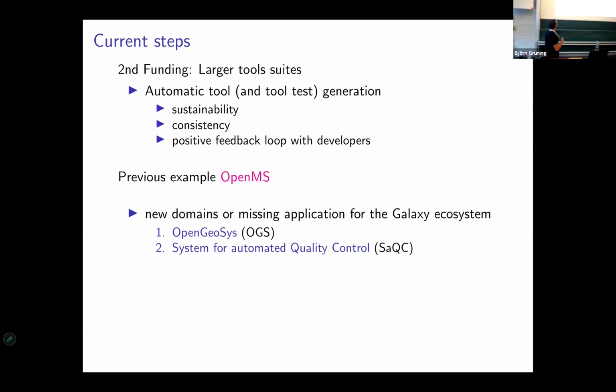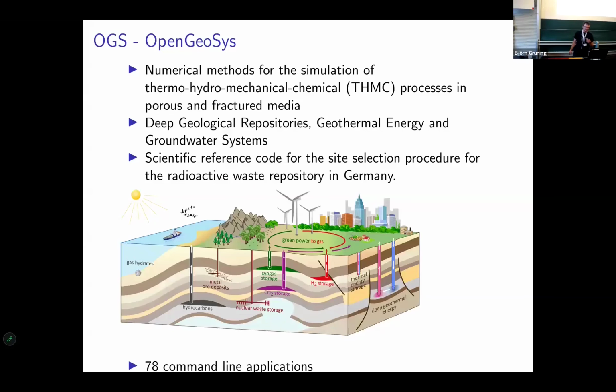I was focusing in this project on two softwares from the U of Z. One is OpenGeoSys and the other one SAQC, a system for automated quality control for time series data. And I think both applications also fill gaps for the Galaxy ecosystem or tool ecosystem.